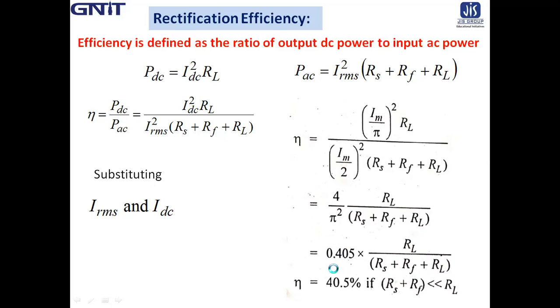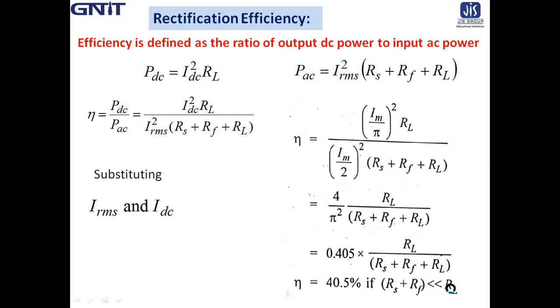So it is 40.5% if RS plus RF is much less than RL. RS means the resistance of the secondary winding of the transformer, and RF means the forward resistance of the diode. This sum is normally much less than RL.